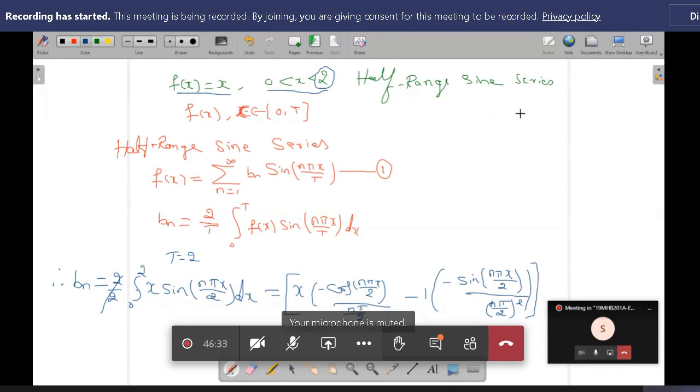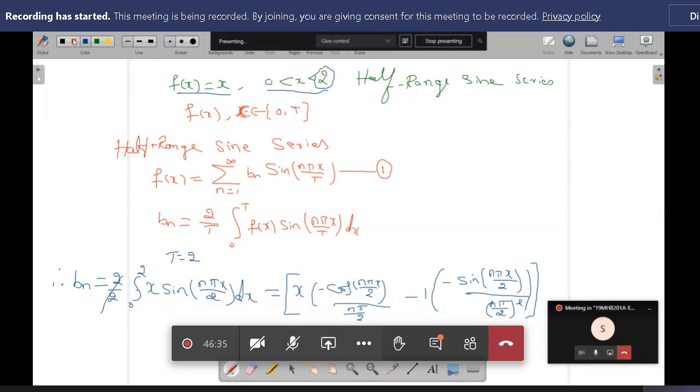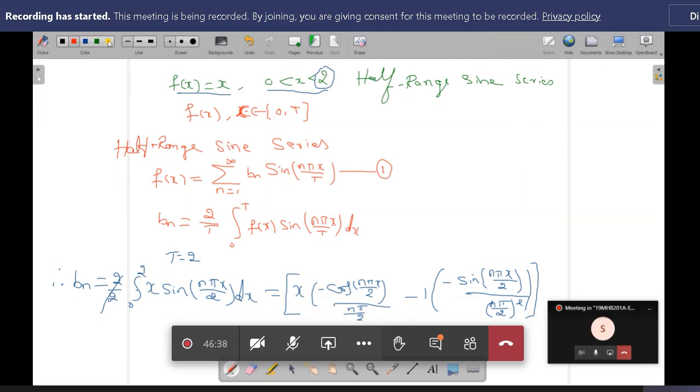Let me explain. Here in this example, let me draw a graph of this function, the same one we took in the previous example. The original graph of this function in the interval 0 to 2 is a straight line passing through the origin. Now I am asking you to find the half range sine series.